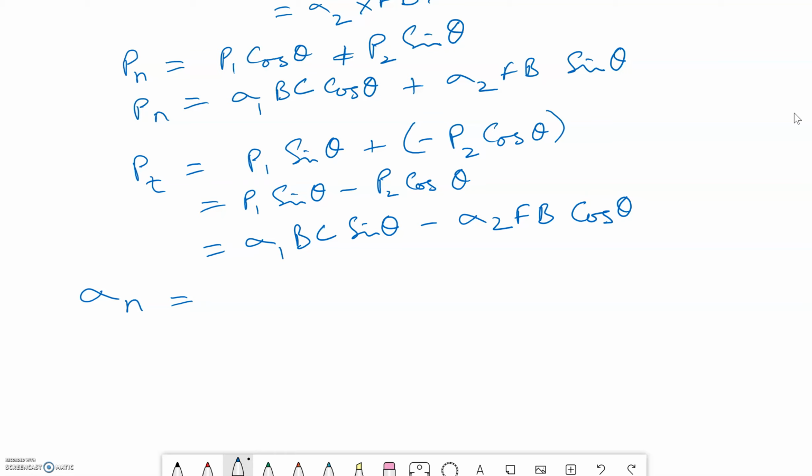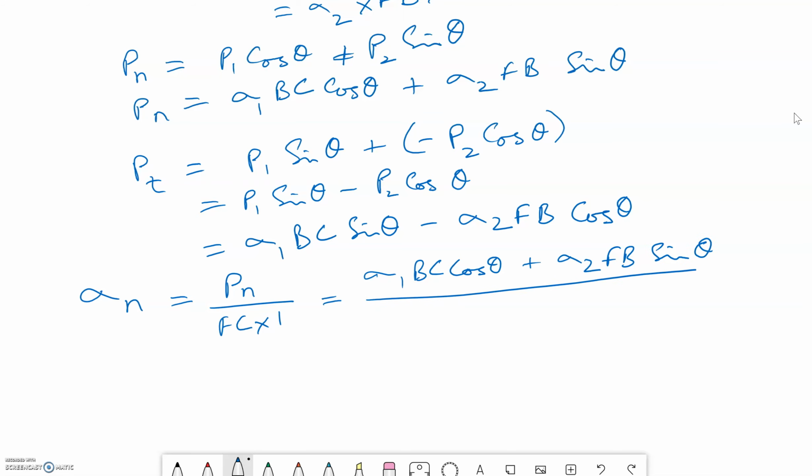So the total force on section FC is the force that is acting normal, which is Pn, by the area of section FC, which is FC times 1, unity being the thickness. Now Pn, we can substitute the value of Pn: sigma 1 BC cos theta plus sigma 2 FB sin theta by FC.